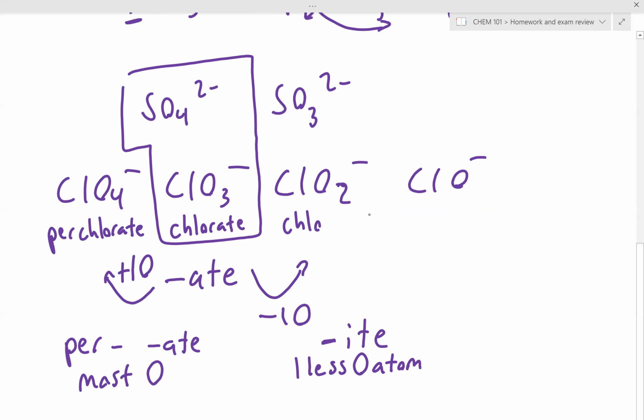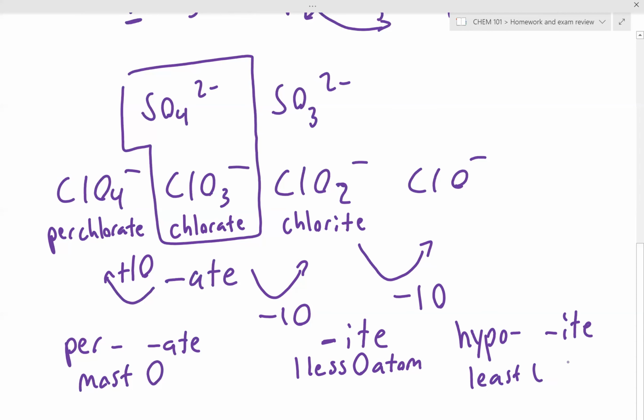Notice how the prefix and suffix change when our number of oxygens change. Finally, if we lose an additional oxygen atom, we end up with the hypo prefix and the ite suffix. And the hypoite has the least oxygen atoms. So ClO minus would be hypochlorite.